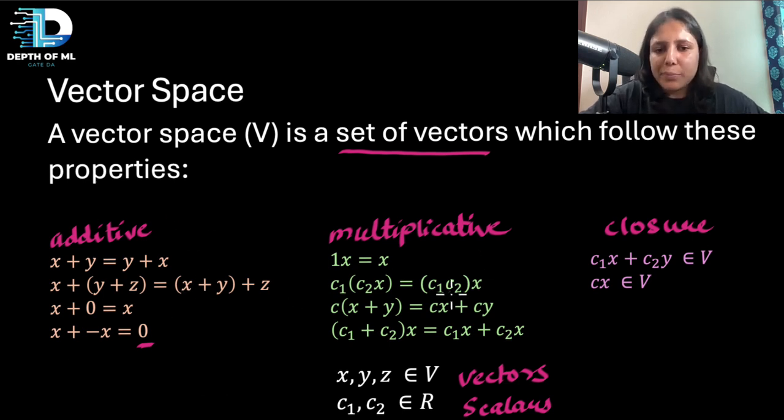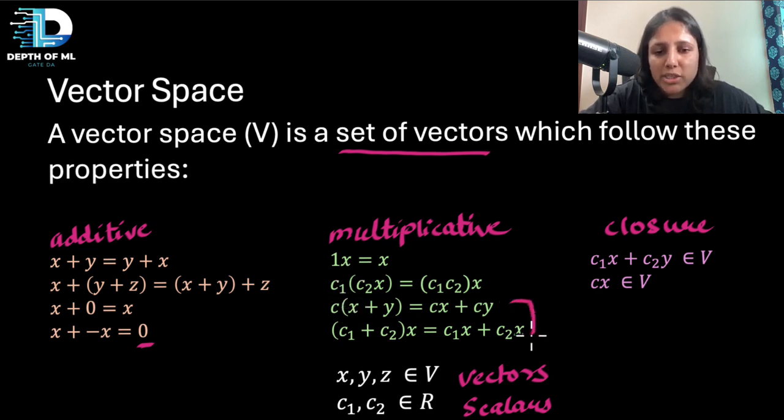Similarly, we have multiplicative properties, where we have a multiplicative identity such that if I multiply it to any vector from the vector space, I should get the same vector back. Then there is associativity for the multiplication of scalars: if I am multiplying two scalars to the vector, it doesn't matter in what order, I should get the same result. Then there are the distributive properties.